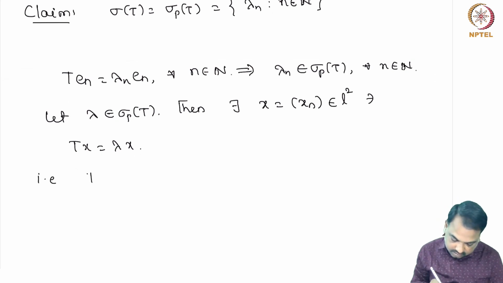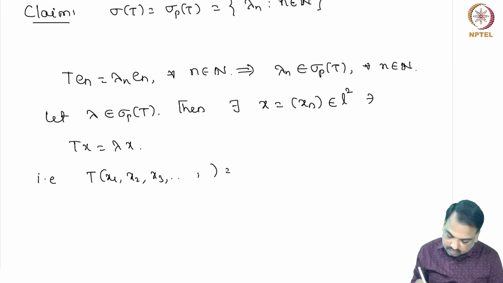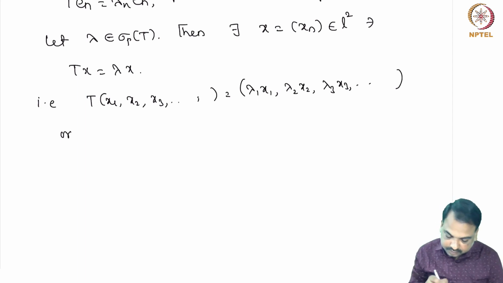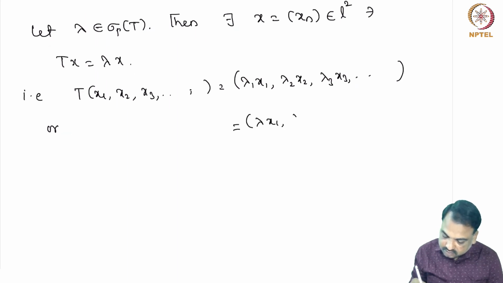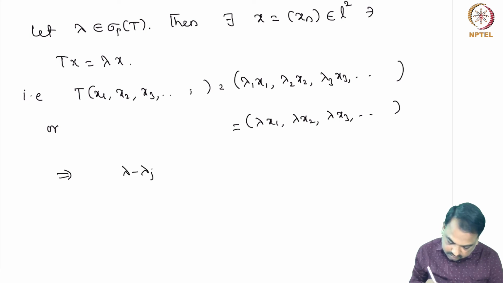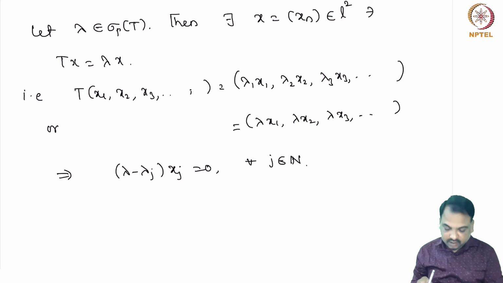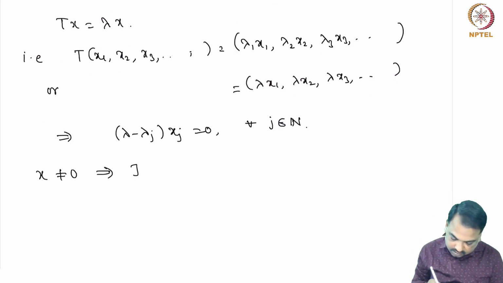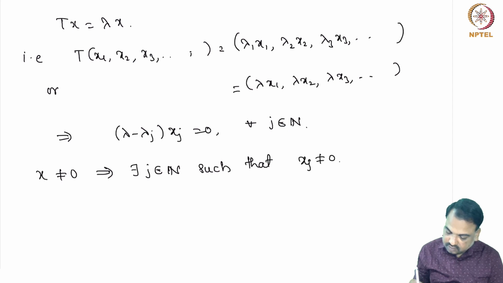So that is, we can say that T of (x1, x2, x3, ...) is (lambda 1 x1, lambda 2 x2, lambda 3 x3, ...). Or we can write this as equal to lambda x, so this is (lambda x1, lambda x2, ...). So this implies (lambda minus lambda j) times xj is 0 for every j in N. Now x is non-zero implies there exists some j in N such that xj is non-zero, at least one component is non-zero.